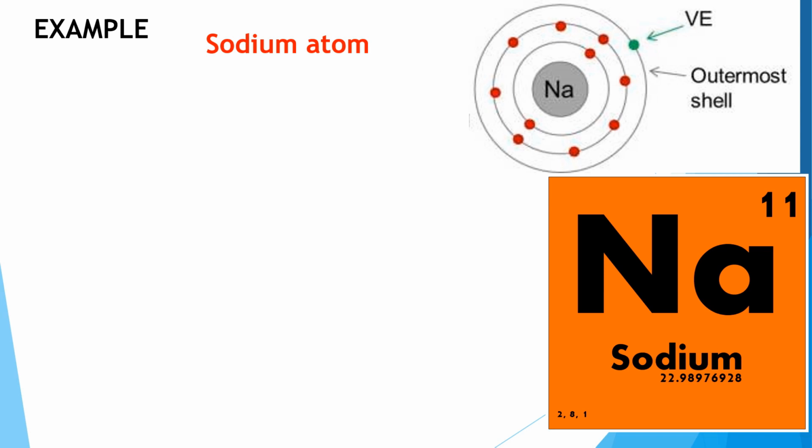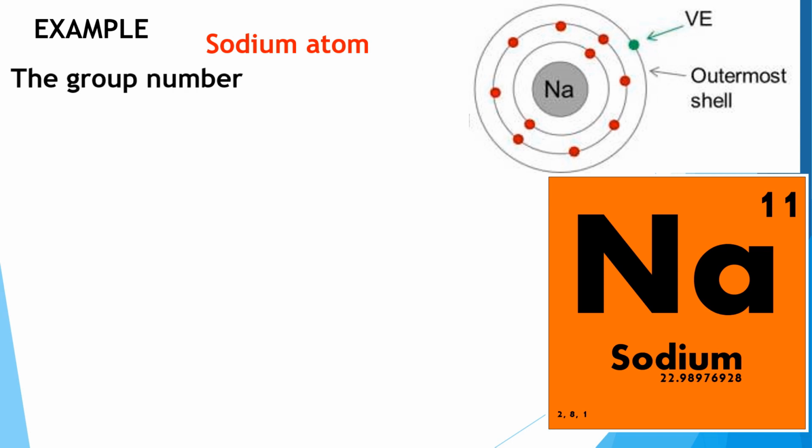We have 11 electrons, 2 in this shell and 8 here, and 2 plus 8 equals 10, and the last electron, number 11, is here in the outermost shell. So the valence electron equals 1, and the outermost shell has 1 electron only.